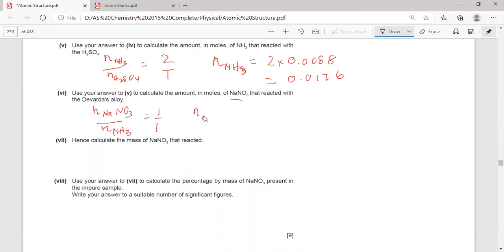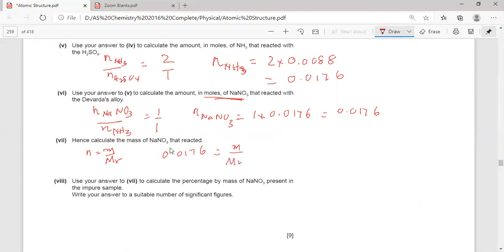So the number of moles of sodium nitrate reacted equals 1 times 0.0176, which is 0.0176. So what's the mass here? Of course, number of moles equals mass over Mr, right? So number of moles is 0.0176 equals m over Mr.